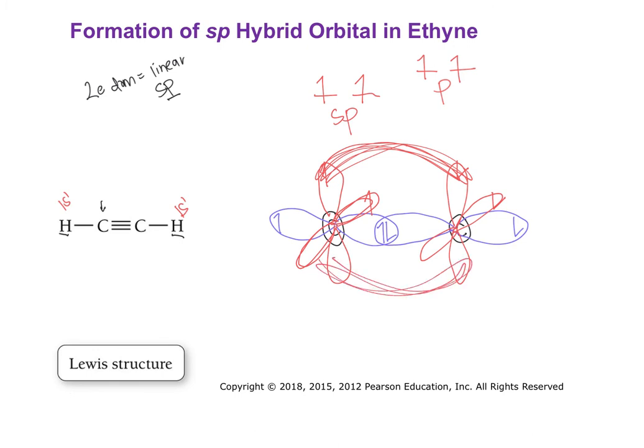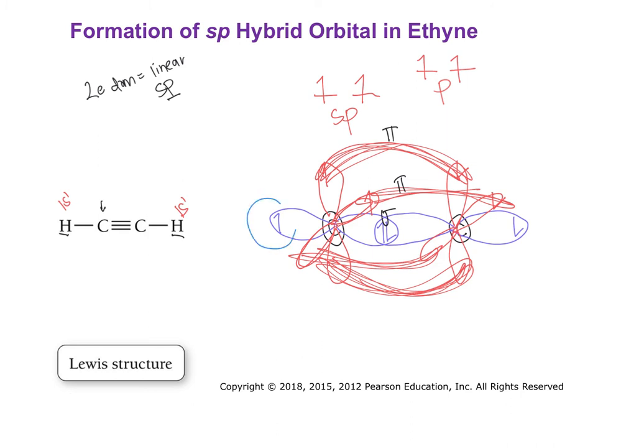There's one of our pi bonds, and then they're going to connect from the front to back. So there's another pi bond. I'll actually draw it. So here we have a pi bond, a sigma bond. And now our hydrogen is right here.